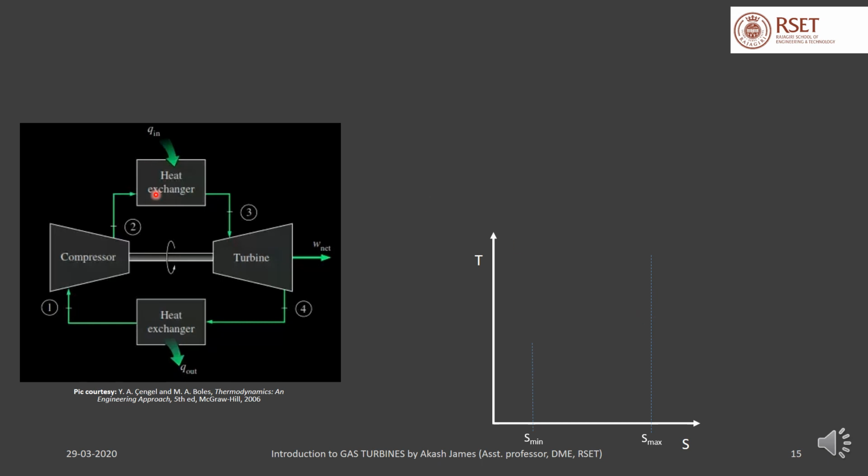Now, coming to the heat addition and heat rejection, we assume in an ideal cycle that these two processes happen at constant pressure. So it is important to see what is the nature of a constant pressure line in a TS diagram before we can draw the line.